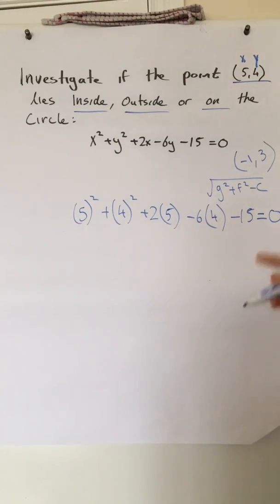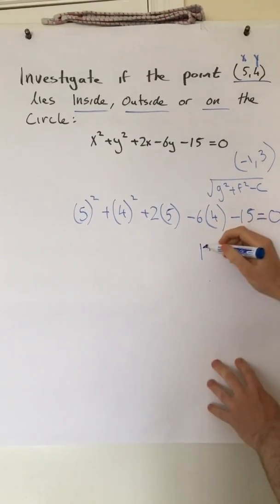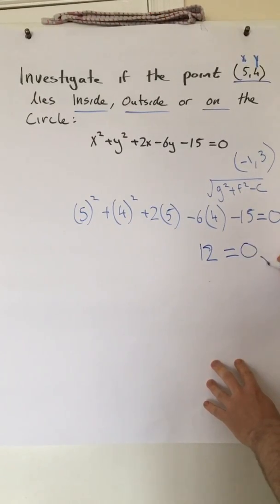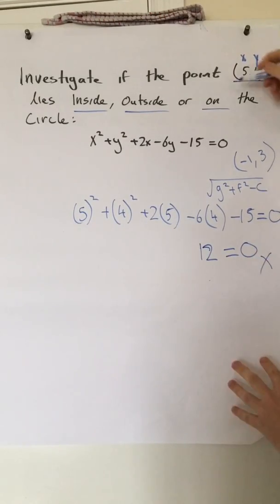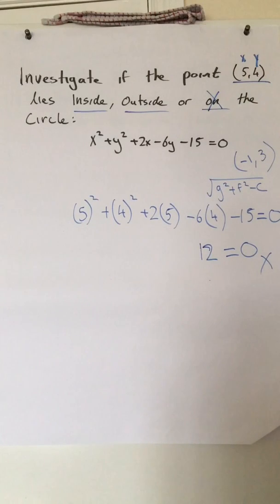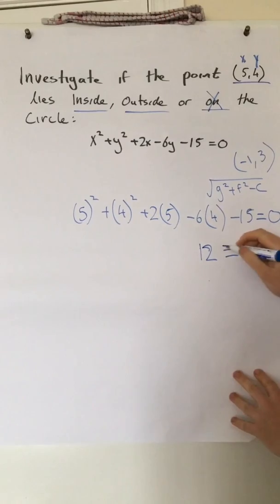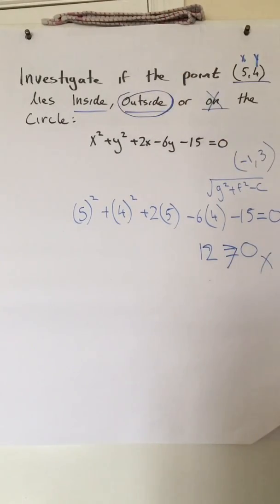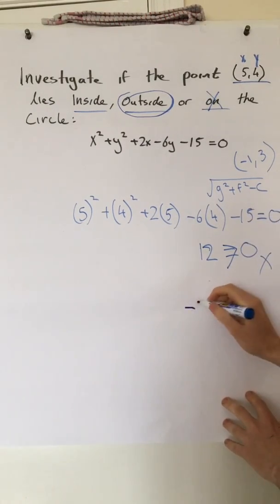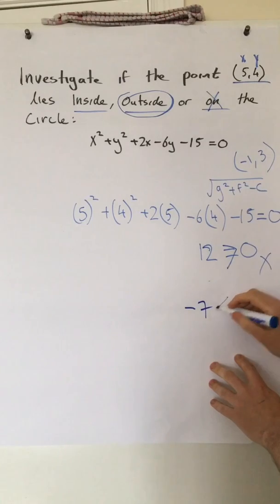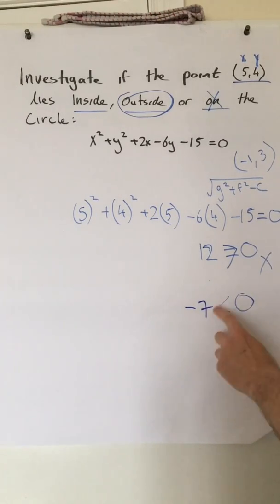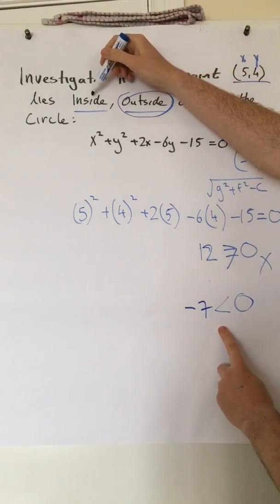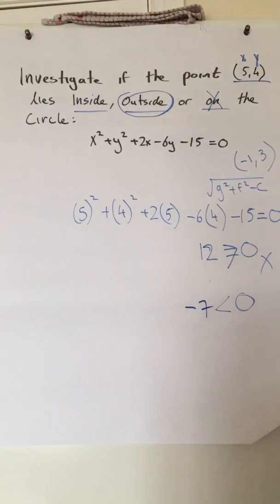If you calculate all this out, you get 12 is equal to 0. Now, 12 is obviously not equal to 0, so it's not on the circle. And 12 is greater than 0, so it means it is outside the circle. If you got a number like, let's say, minus 7, that's less than 0, so it would mean the point is inside the circle.